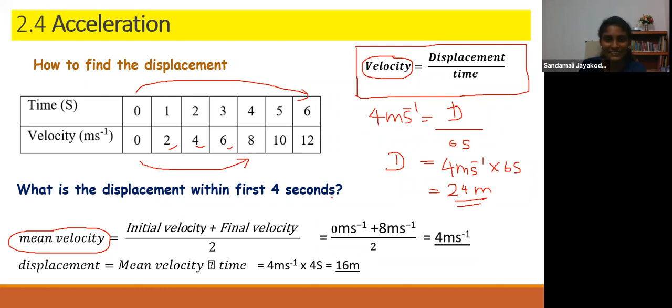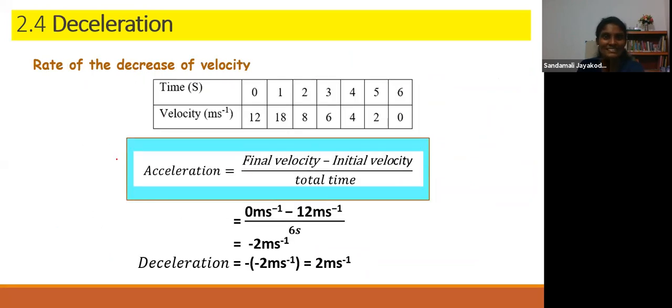Okay. Now deceleration. The equation is really the same here because we are using the same equation as for the acceleration too. Acceleration is equal to final velocity subtract initial velocity divided by total time. What is the difference here?